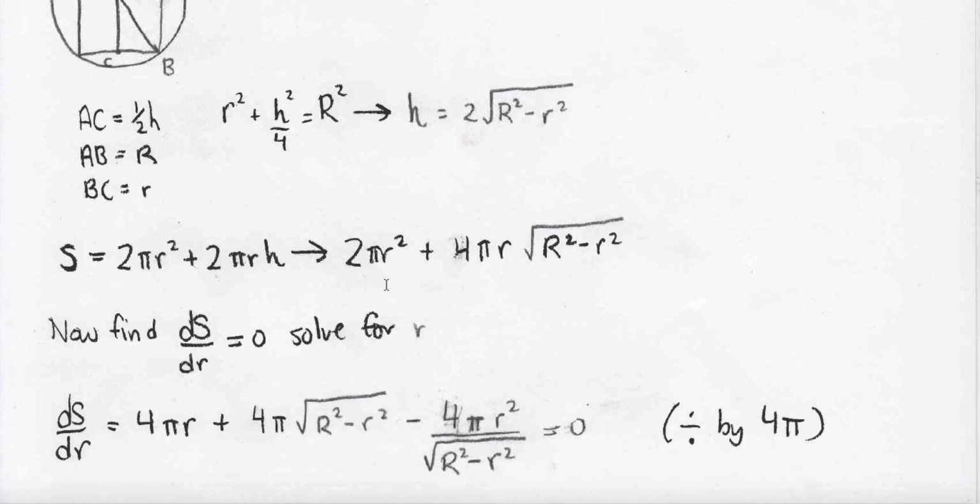I substitute that into my surface area formula, and so the surface area of my cylinder can be expressed in terms of r. And so I get 2 pi r squared plus 4 pi r times the square root of cap R squared minus little r squared. Now we know at the end points, my natural domain here is from 0 to cap R, but if I plug 0 in for the radius, I get a surface area of 0.